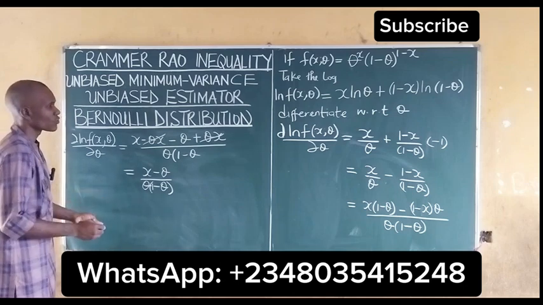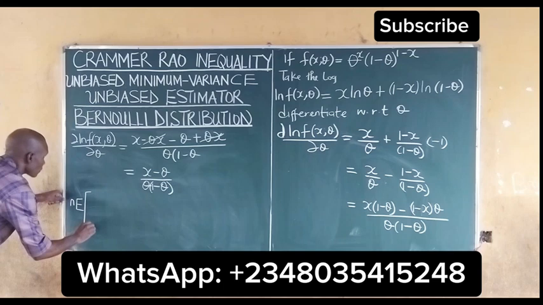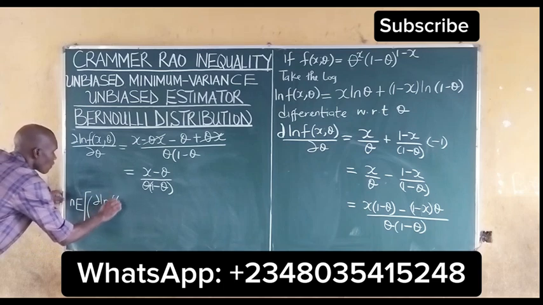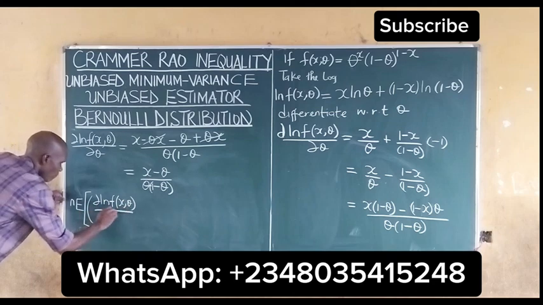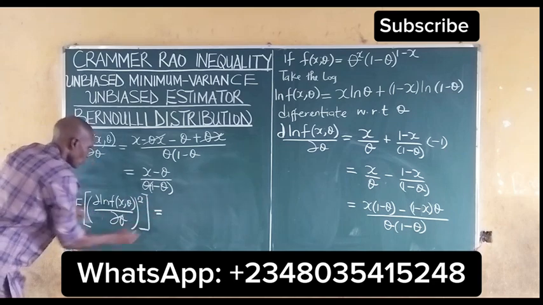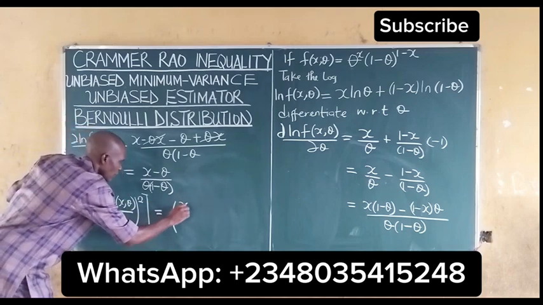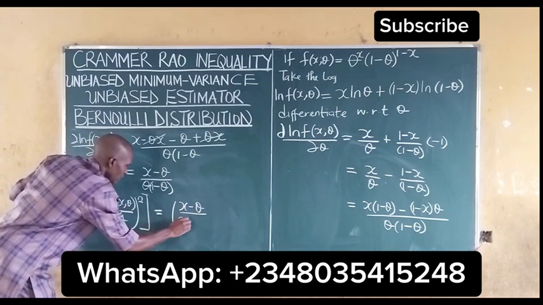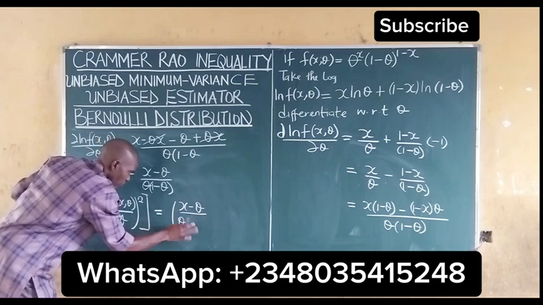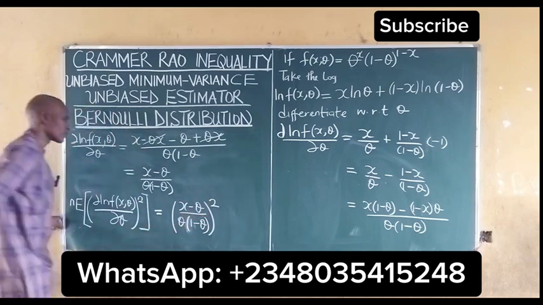The next thing to do is to impute our expectation. So we have n times the expectation of the differential of the log of our given PDF, squared, which is equal to, now we are imputing this square here. If we square the whole of this, we have x minus theta all over theta into 1 minus theta, all squared.